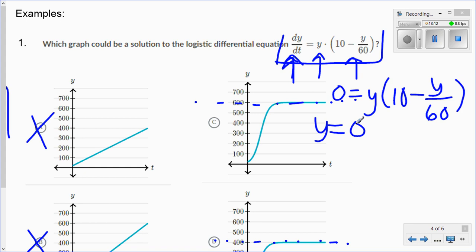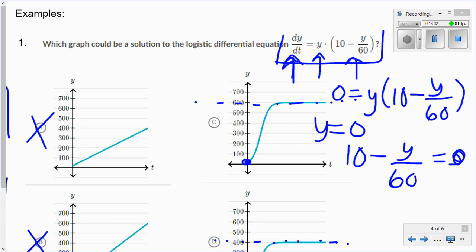Well, when y equals 0, that's this point here. That's really not what we're interested in right now. That would be your initial population. We want to know when (10 minus y) over 60 equals 0, because that would represent our carrying capacity.